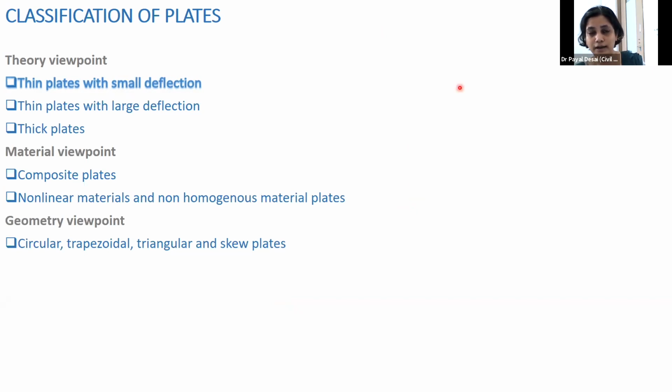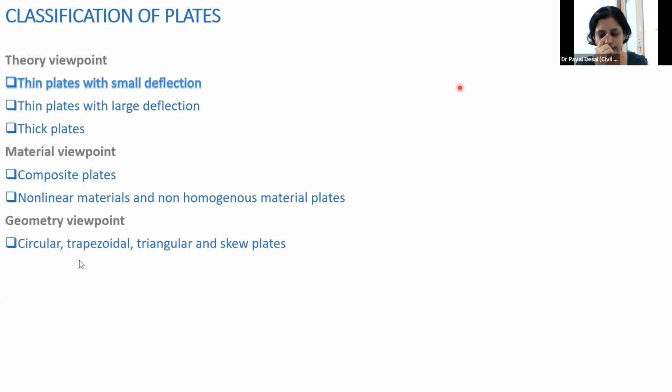The design and analysis are different phenomena in both these categories. Also thick plate, as I told you, if the third dimension of the plate is very large, then it is categorized as thick plate, and we will see what exactly is the difference between thin plates and thick plates.